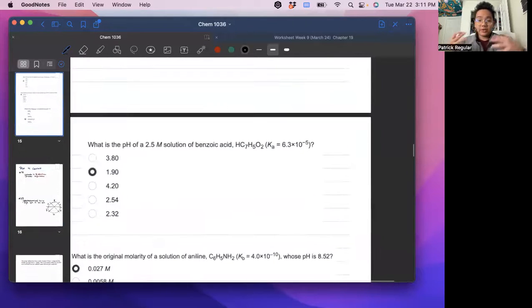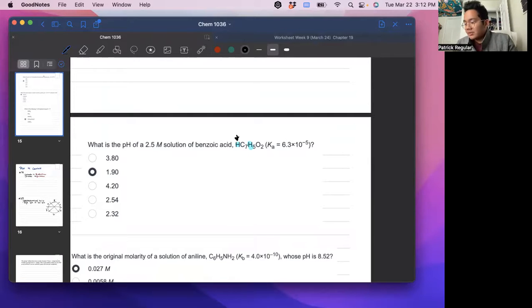These are some of your test questions that may not directly apply to what we just learned, but are some really good examples in noticing these kinds of compounds. So for this example right here, it's talking about benzoic acid. And you see again, we have two H's in different spots. This H right here is separated from all the other ones, so that's probably the one that's going to be protonated.